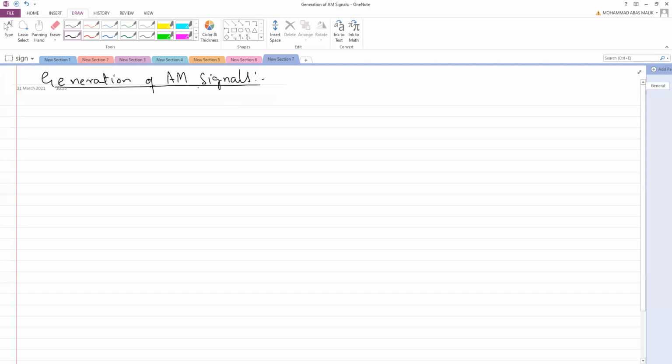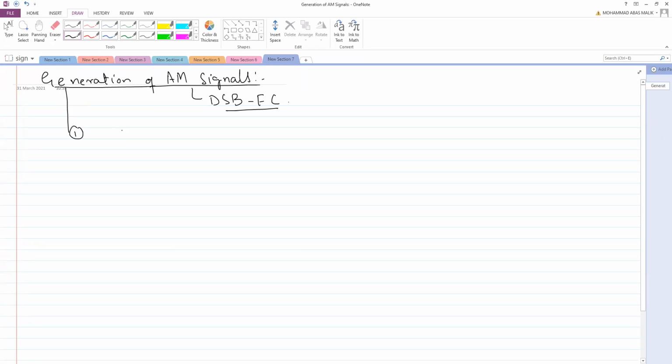This is usually a double sideband, full carrier. There are usually two methods for the generation of AM signal.